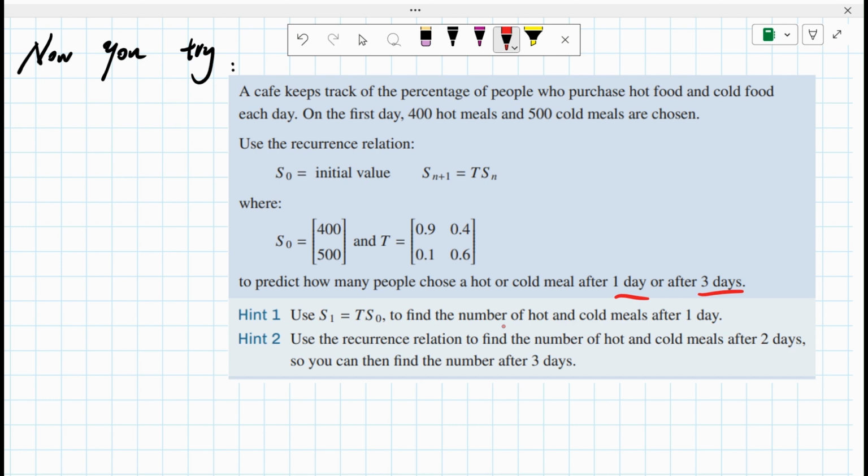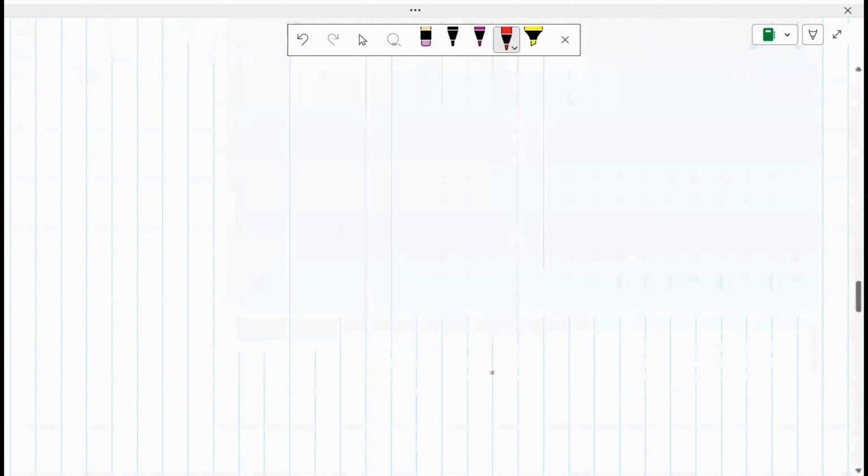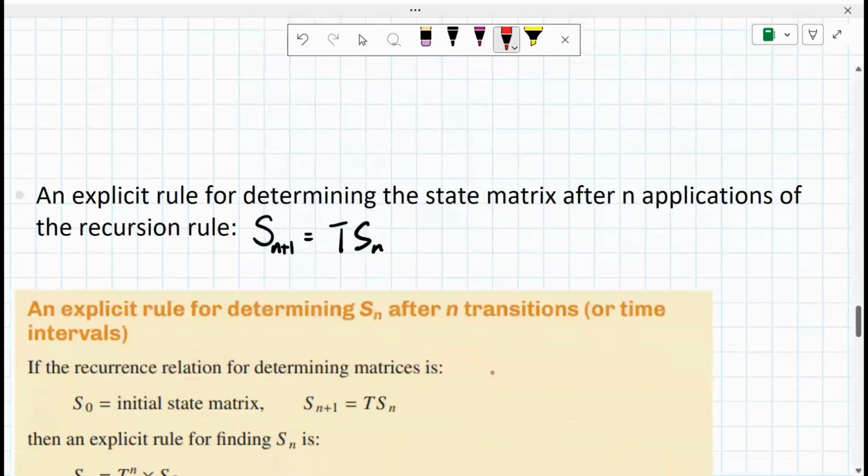All right, let's move on to the next part. Now we're going to try the explicit rule, which determines the state after n applications of the recursion.